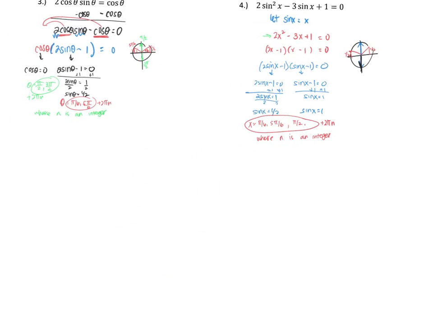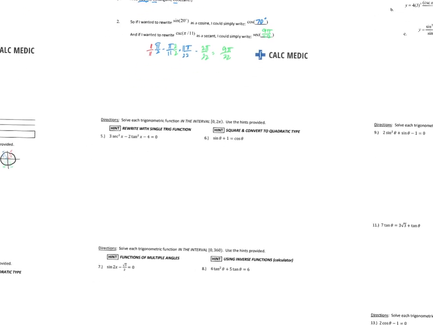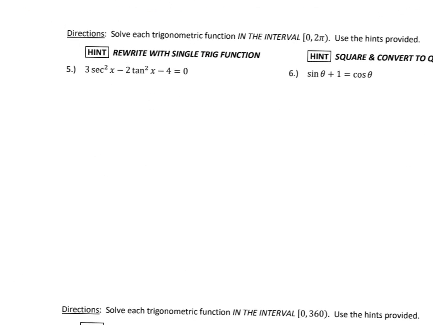Okay, next problem. We're going to rewrite with a single trig function for this strategy. You can tell that it looks like we could combine like terms if we had the same trig function.